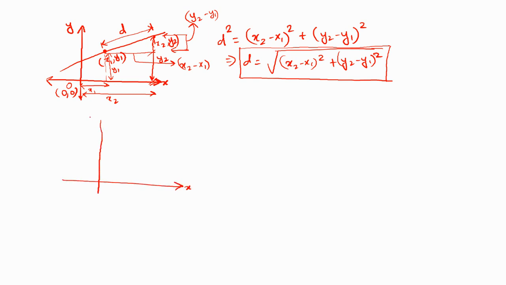Let's say this is the x y coordinate, and let's say this point is x1 comma y1, this point is x2 comma y2, and here is another point which we need to find out, let's call it x y, and it is dividing the points p and q in the ratio m is to n.